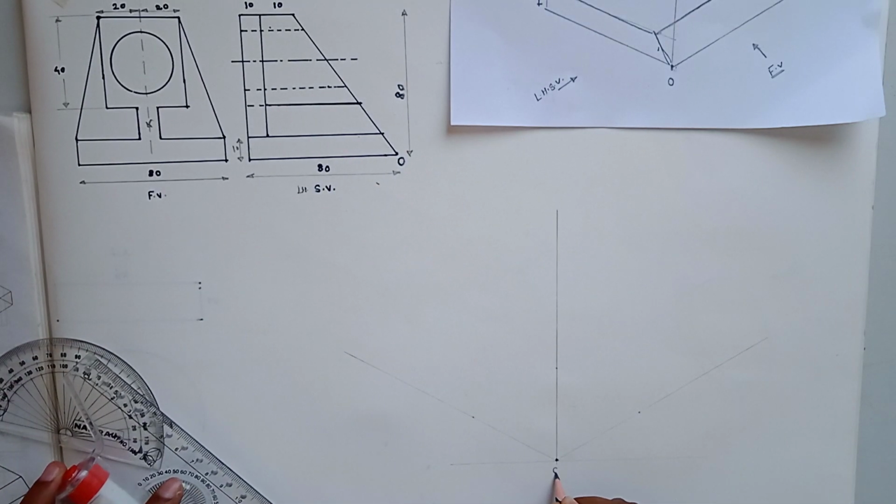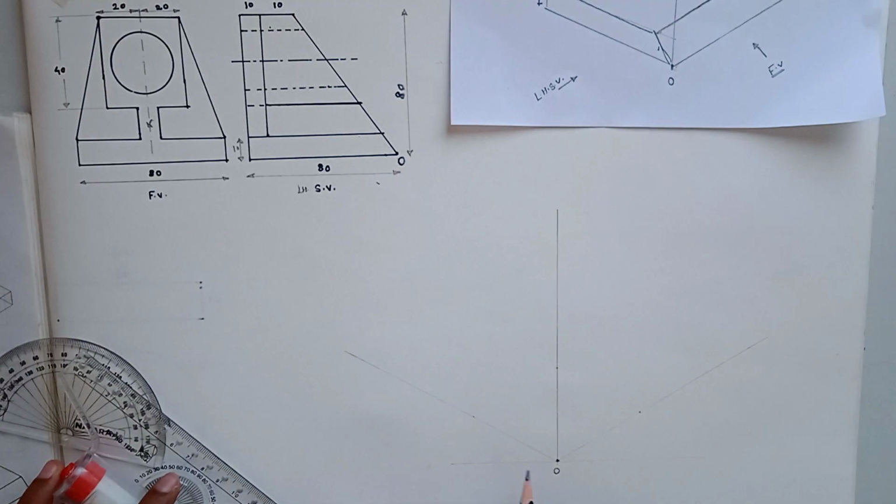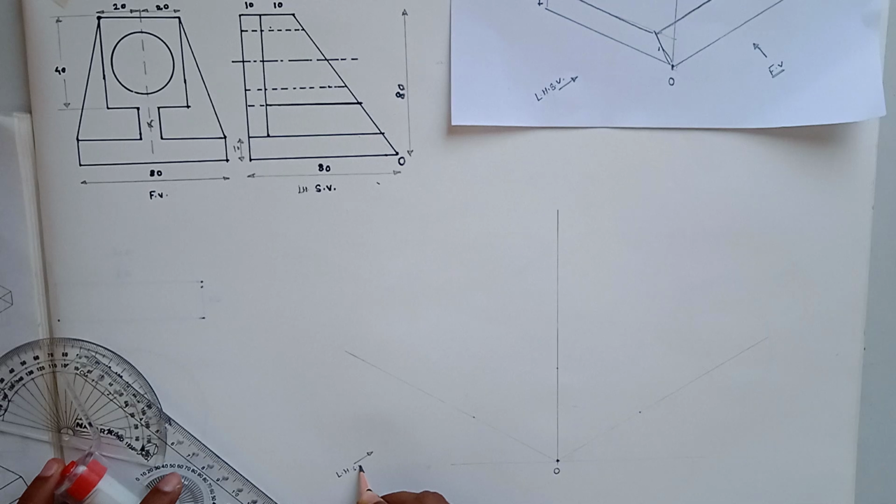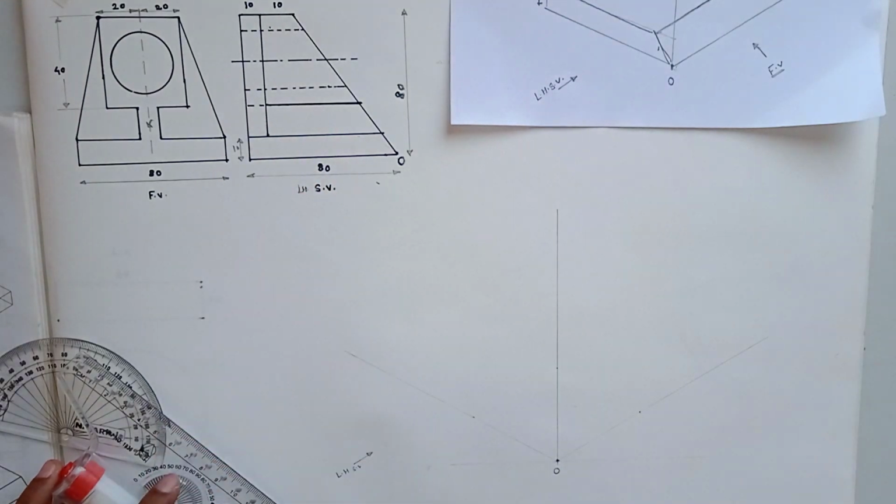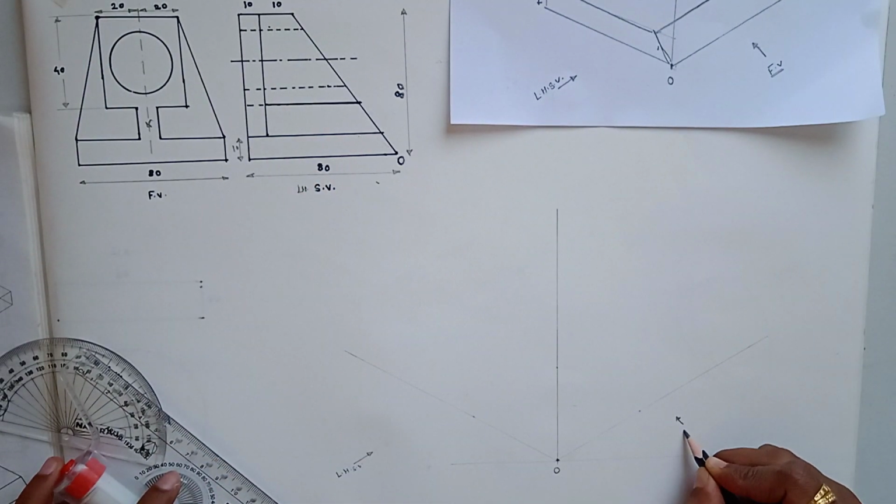Okay, now this is the origin. So this corner, it will coincide with this corner. So your view will start from this direction. So this is the direction for the left hand side view, and this direction, it is for the front view.